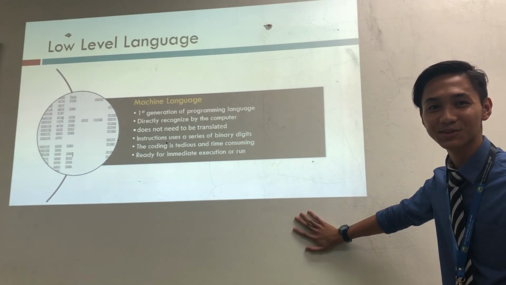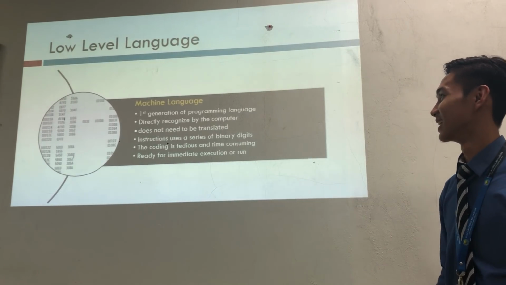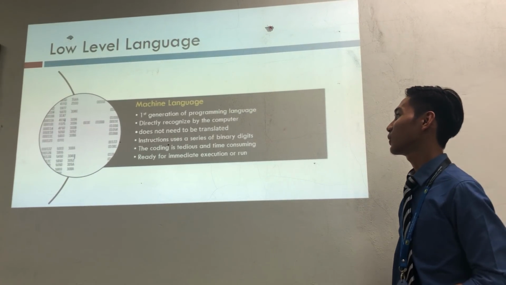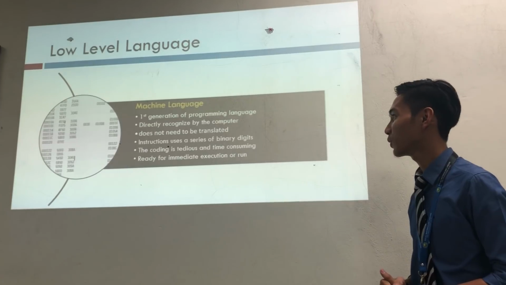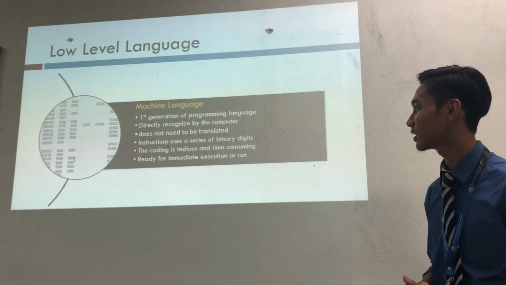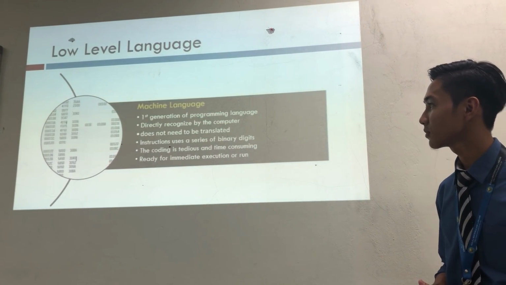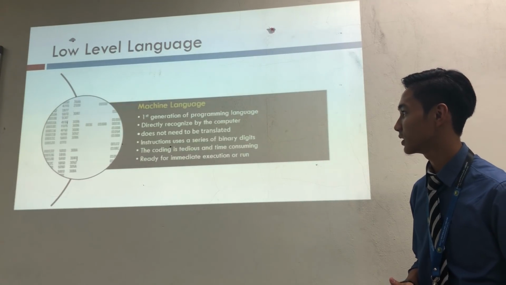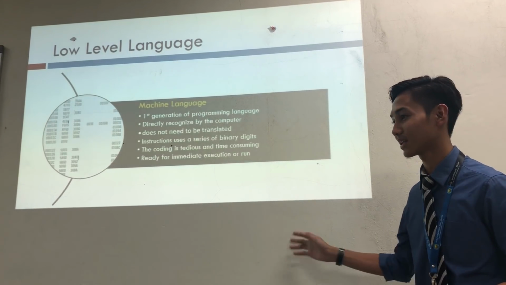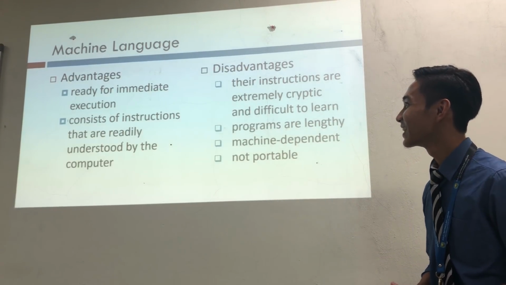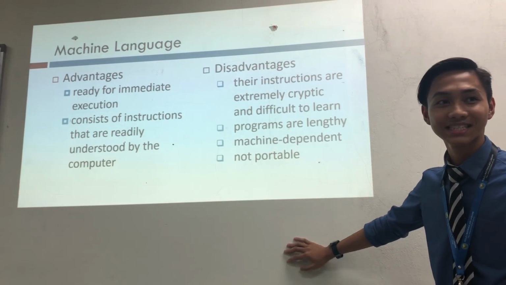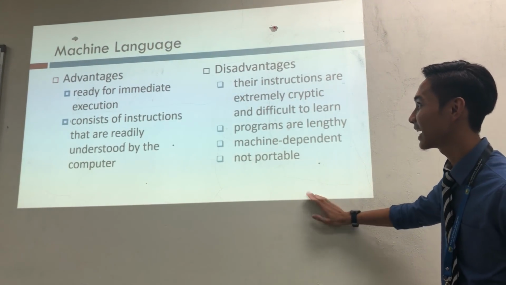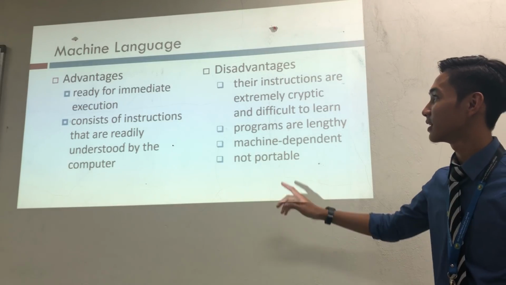So I will explain to you about the machine language. Machine language is the first generation of programming language, and it is directly recognized by the computer. It does not need to be translated. So these are the advantages that we can get from the machine language.